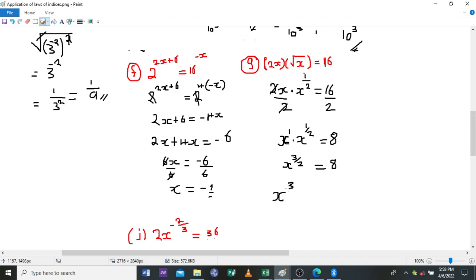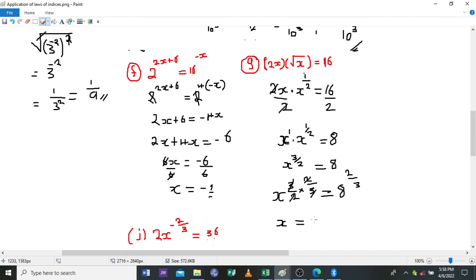So we have 3 over 2, the reciprocal of 3 over 2 is 2 over 3, right? So 8 will be raised to the power 2 over 3. Okay, now here if you divide 2 into 2, 1, 3 into 3, 1, we're just going to remain with x, right, is equal to, now what do you have here?